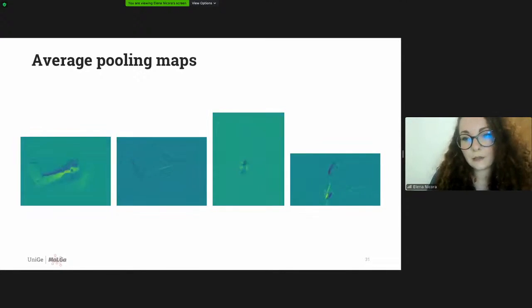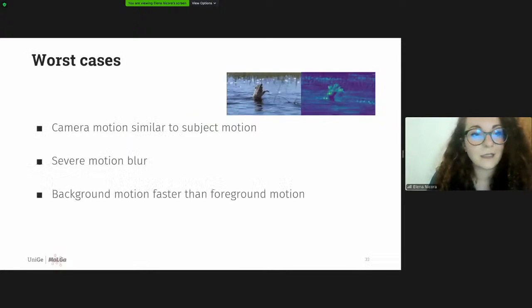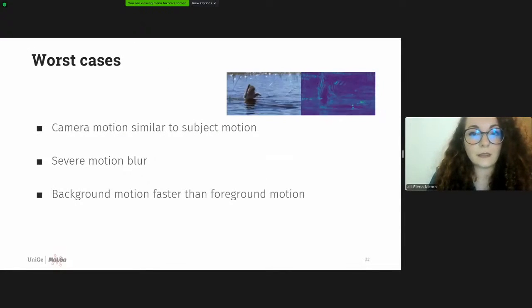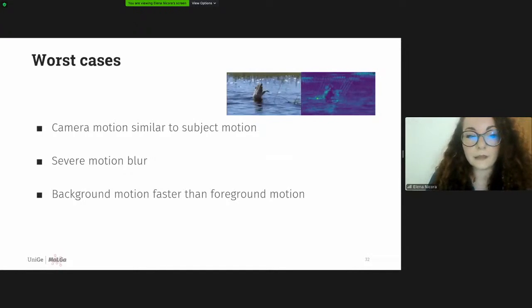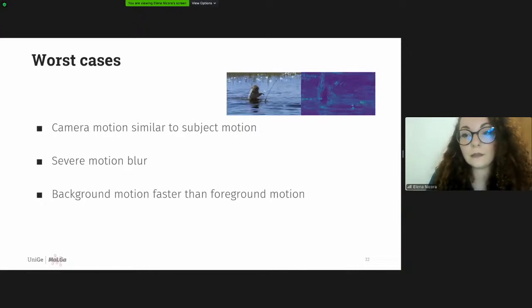But of course, this is not the case for some complex scenarios in which this simple analysis is not enough.